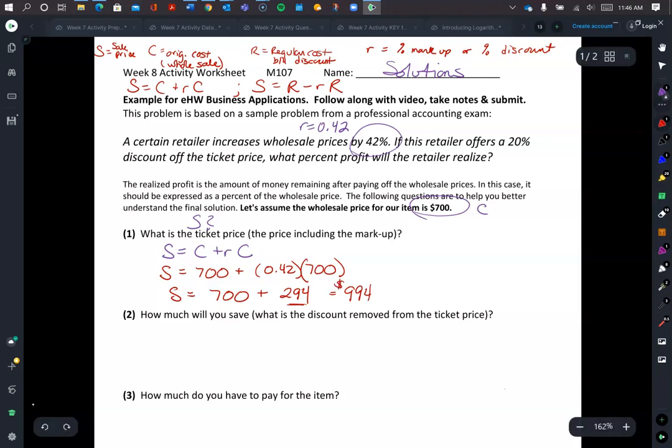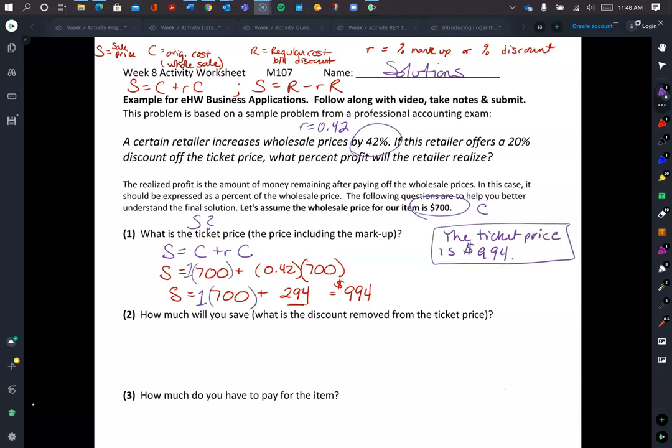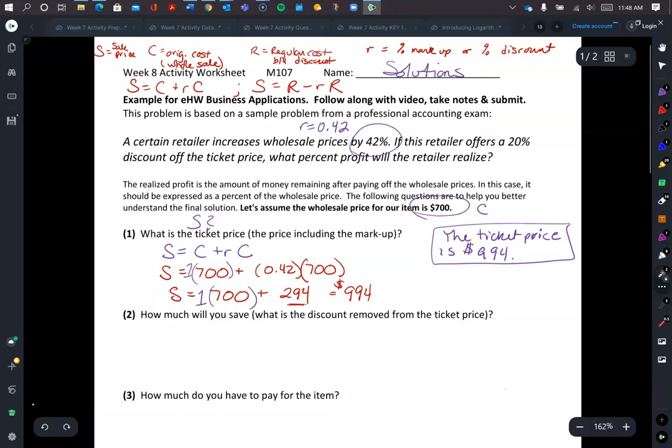You can jot that down over here. You would say the ticket price is $994. Another way you could look at this is to have it be 100% of the wholesale cost plus 42% of the wholesale cost, which would give you 1.42 times 700.